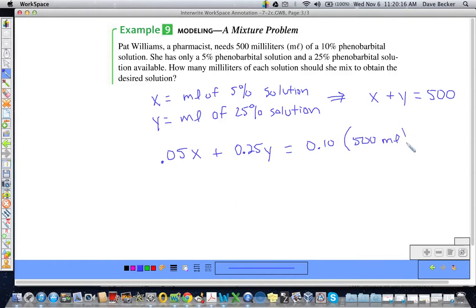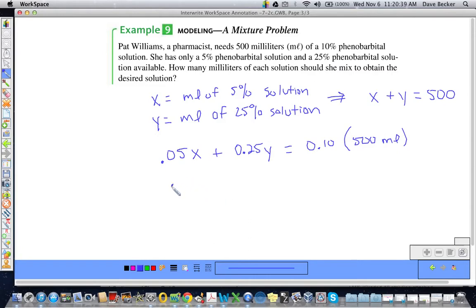So 5% of this is the phenobarbital, 25% of the Y solution is the phenobarbital, and we need it to end up that of the 500 milliliters, only 10% can be the phenobarbital.